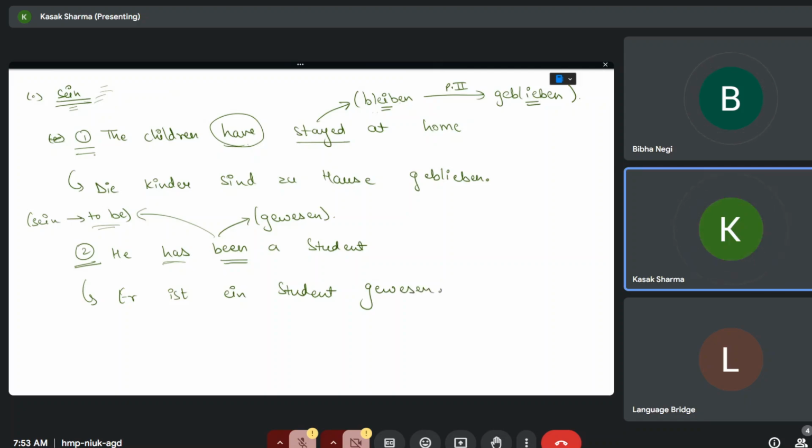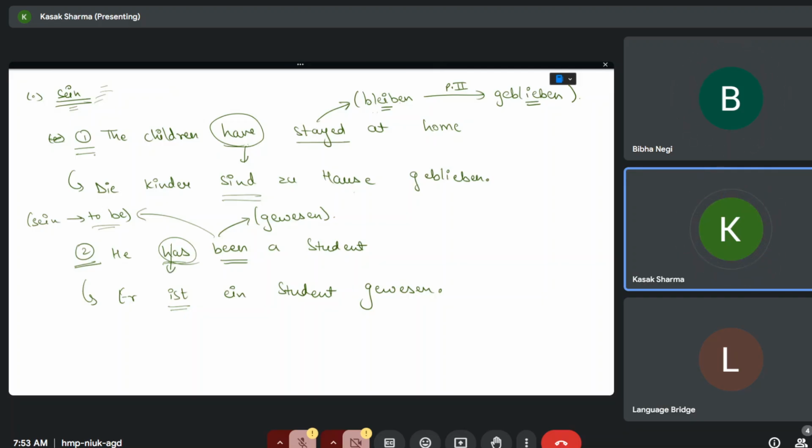Here, it is not like he is a student or something. It will be like either have or has in meaning. Like the children have stayed at home, he has been a student. As a has or have sound will be there in the translation.